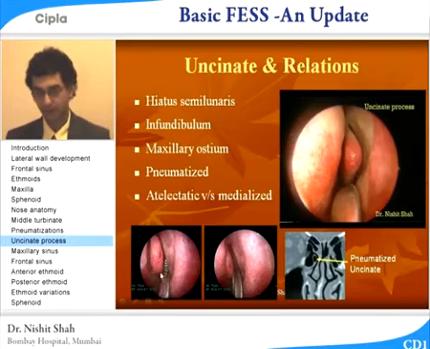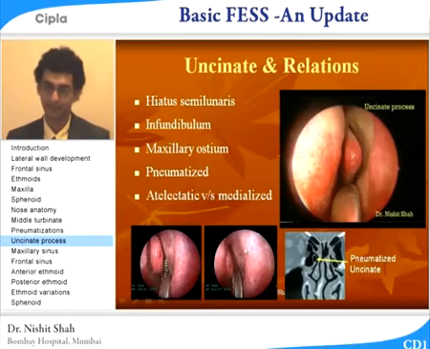If we rotate the Tobey's laterally, we can see now that this has disappeared, and it has now entered the infundibulum, which will then lead into the openings of the frontal, anterior ethmoid and the maxillary sinus.